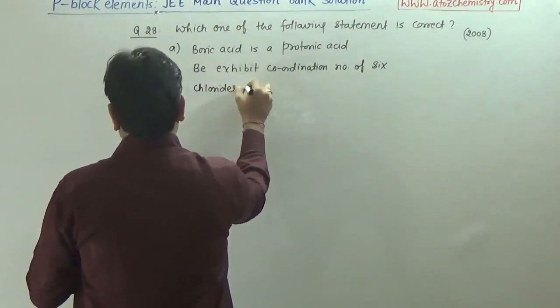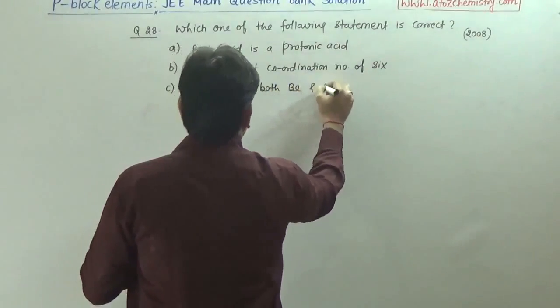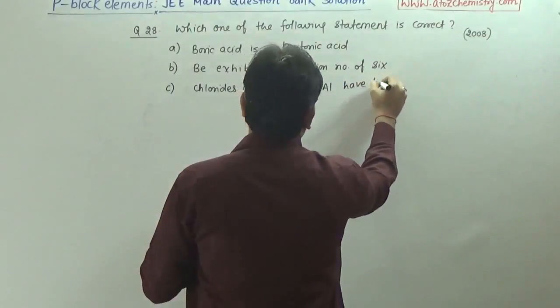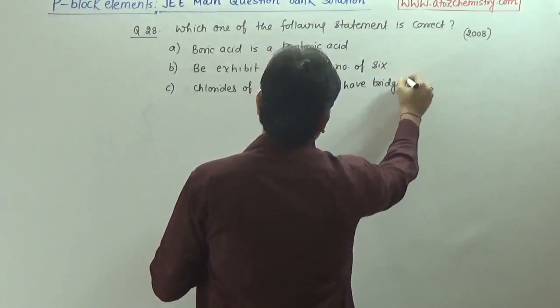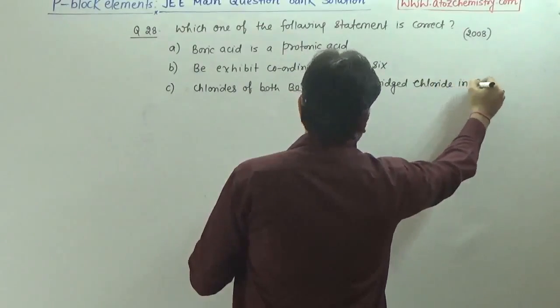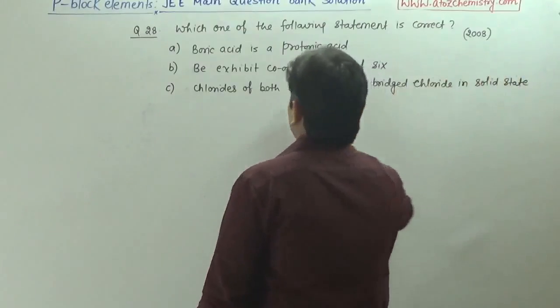Chlorides of both beryllium and aluminum have bridged chloride in solid state. This is the correct statement.